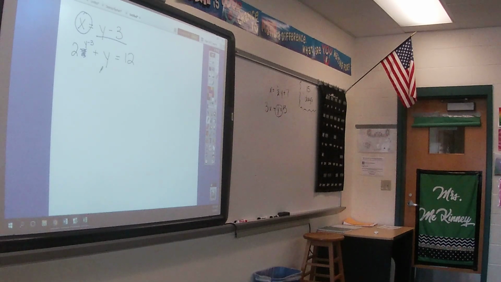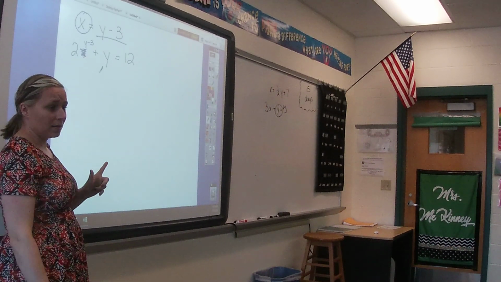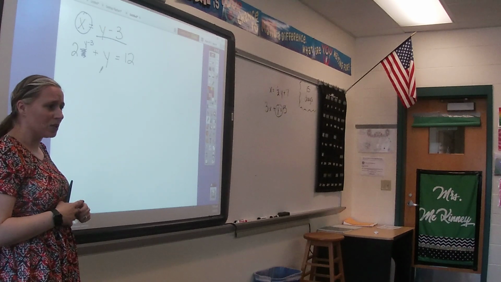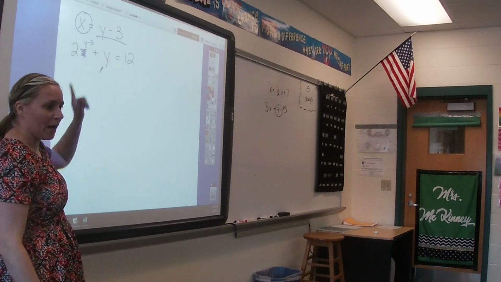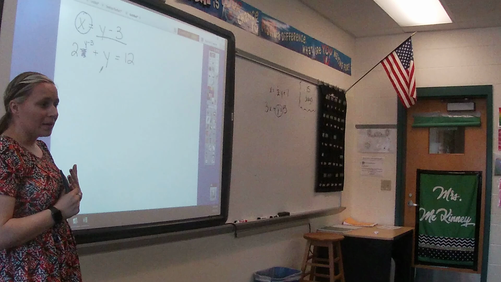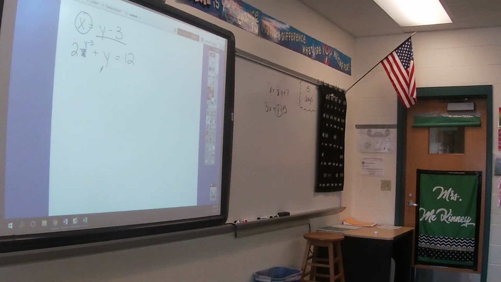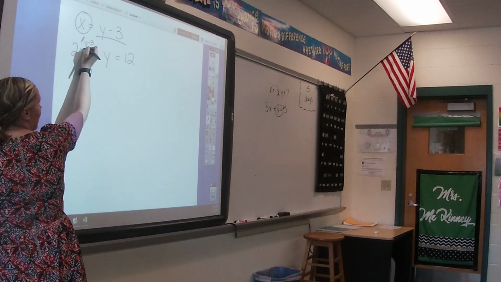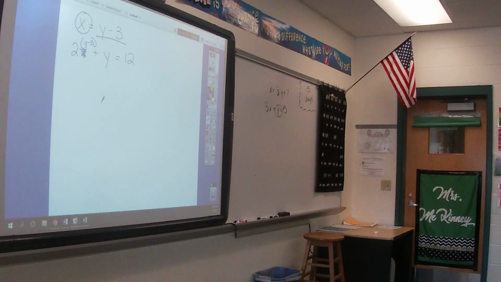What operation was happening in between this 2 and the x? Multiplication. How do we represent multiplication if we want to multiply 2 times y minus 3? If I do that, then it will just be 2 times y minus 3. How else can we represent multiplication other than a dot? Parentheses?